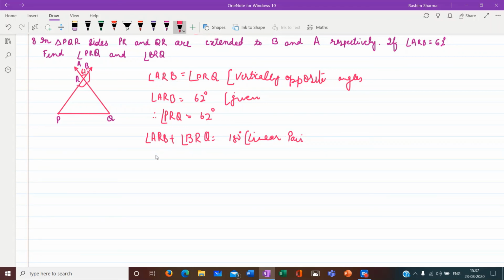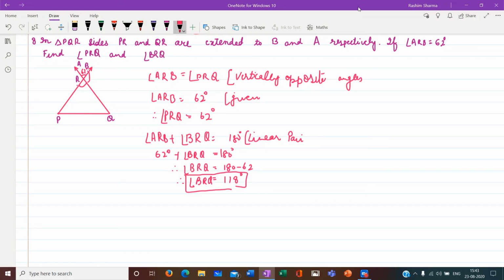We put the value of ARB as 62 degree plus angle BRQ equal to 180 degree. Therefore, angle BRQ is equal to 180 minus 62, that is equal to 118 degree. So angle BRQ is equal to 118 degree is the answer.